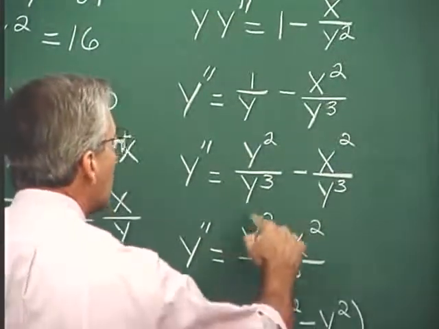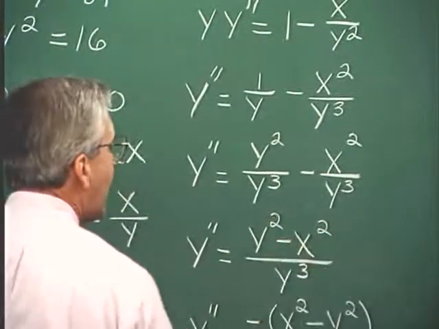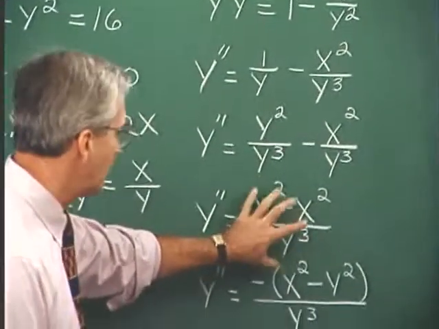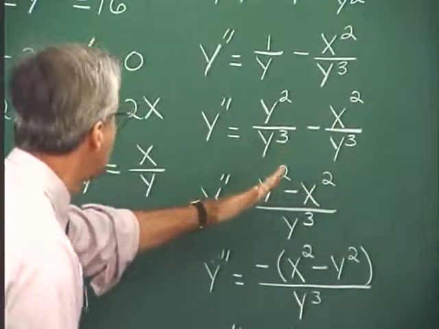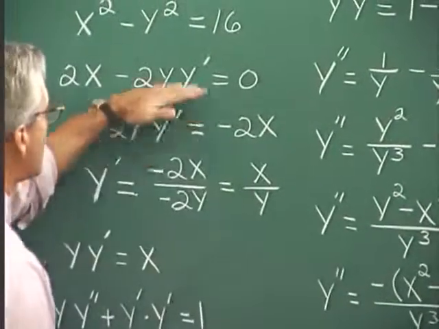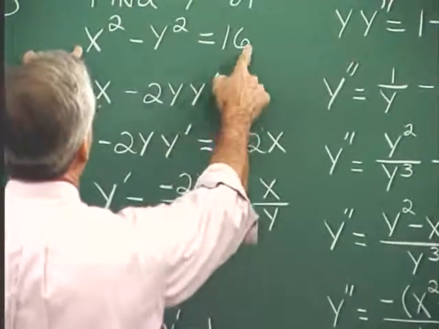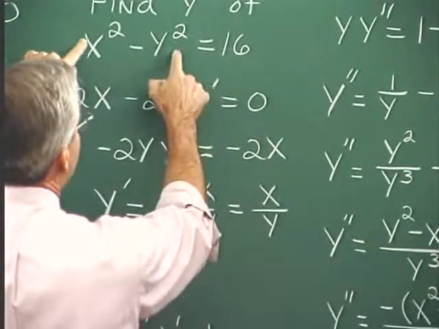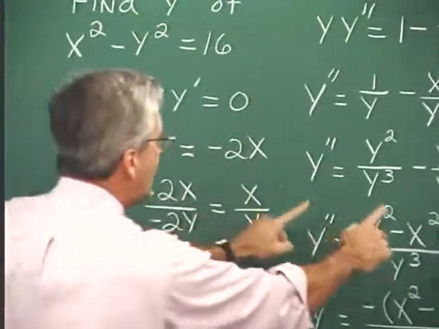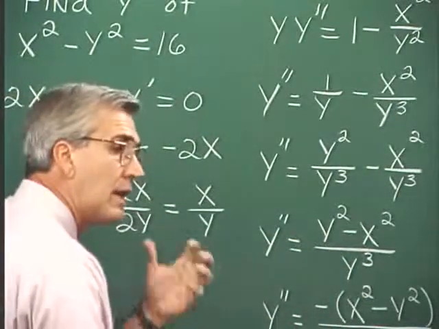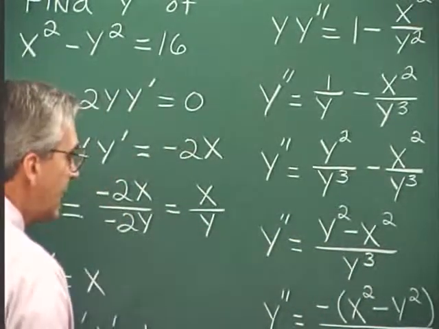And now I'm going to go through some creative substitution, because what I need to recognize at this point, and at some point I need to come back and look at some opportunities for consolidation. And I have a good opportunity right here. X squared minus y squared was 16. So if I can cause this y squared minus x squared to look like an x squared minus y squared, then I can substitute in there and make it 16.